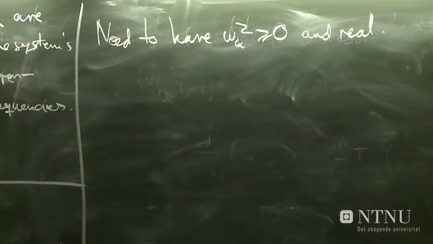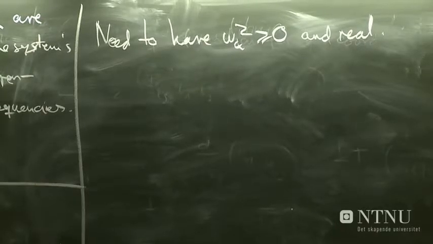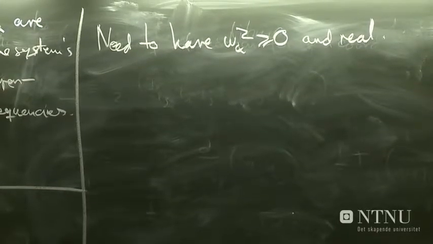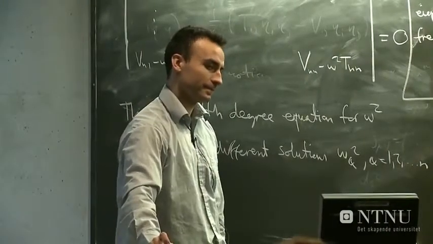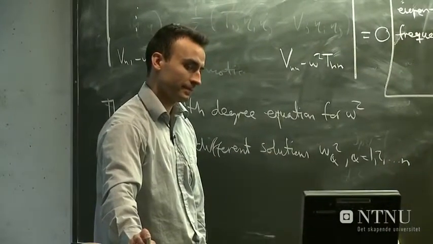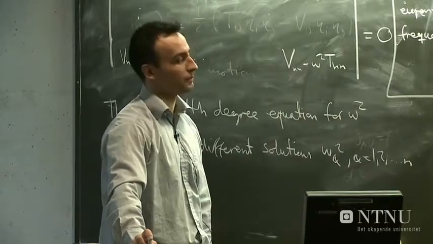Now, I would suggest to you that omega squared has to be positive and real. How can I state that as a fact? Well, an imaginary omega would correspond to an exponentially increasing or decreasing function.